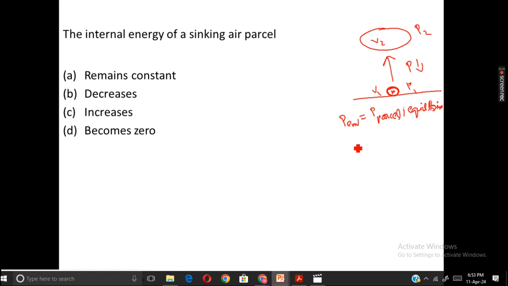As the parcel moves up, the pressure is decreasing. The only way to make the pressure of the parcel equal to that of the environment is to increase the volume so that it is compensated. That's why this expansion is happening. The internal energy dU is given by Cv dT.